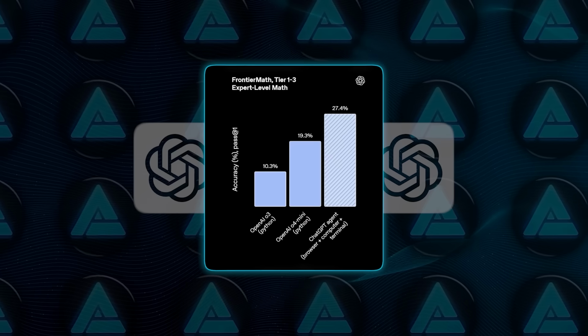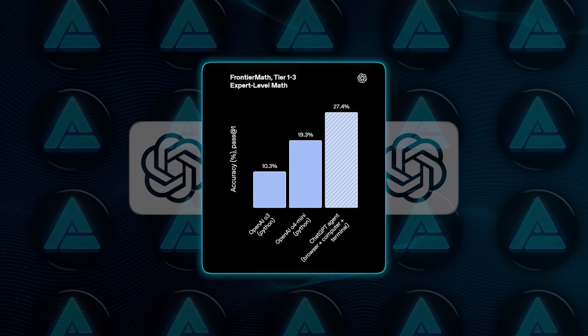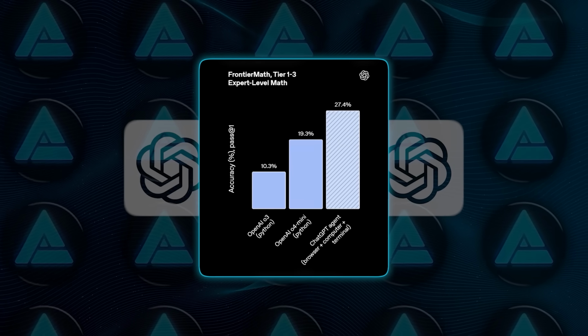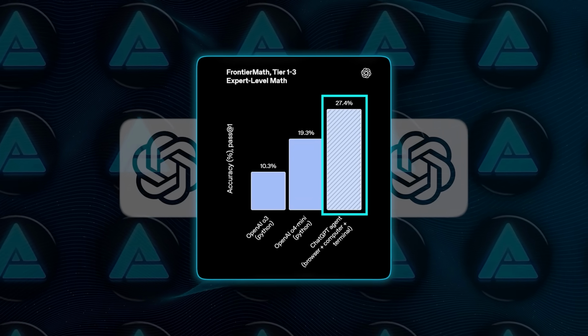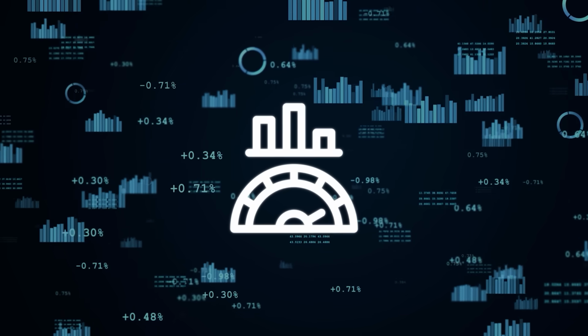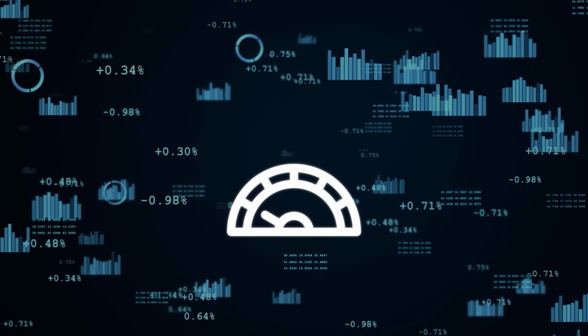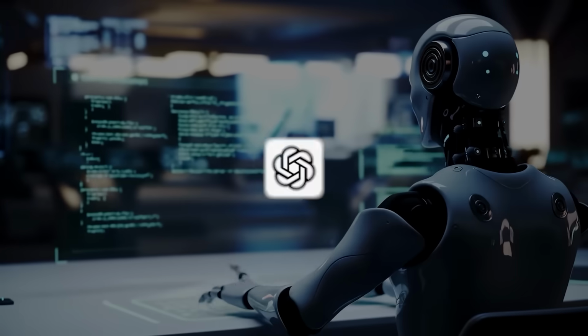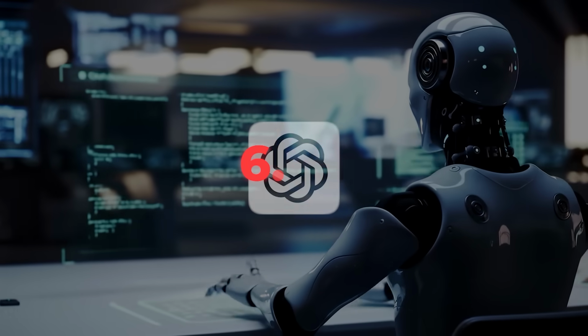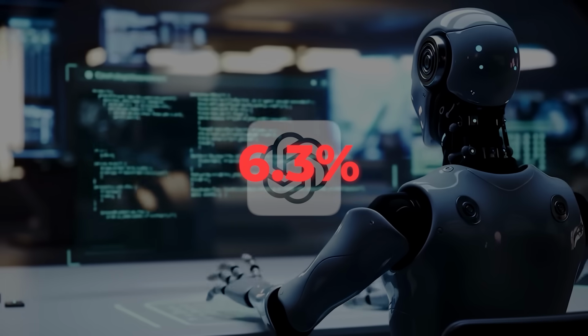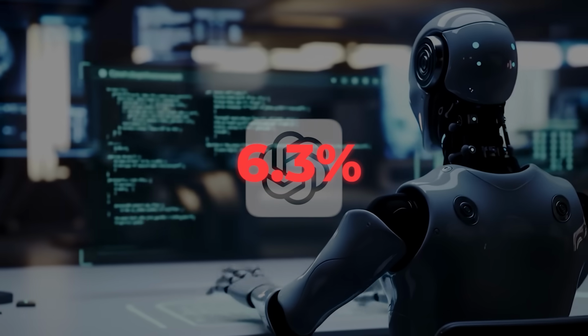With tool use enabled, like access to the terminal for running code, ChatGPT Agent nailed 27.4%. That might not sound huge if you're not used to benchmark data, but for context, O4 Mini, the previous best from OpenAI, managed only 6.3%. That's more than 4 times the performance.